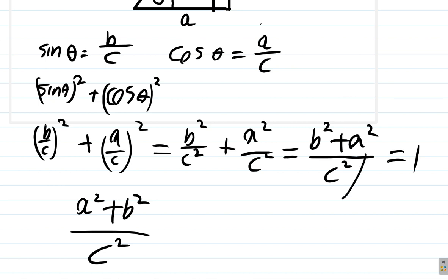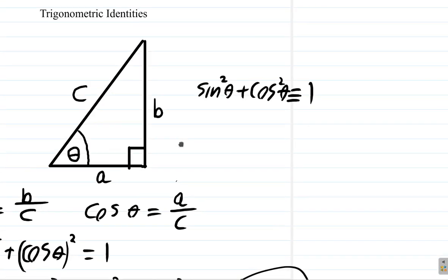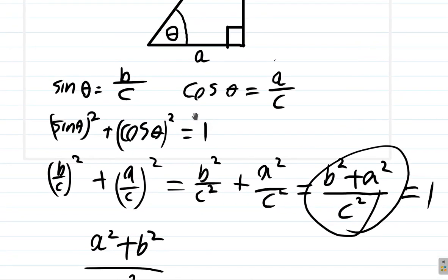But this here is the same as sin theta squared plus cos theta squared. So I can write this as 1. This is the same as sin squared theta plus cos squared theta equals 1. Now, as I said, any angle you put in for theta will work.